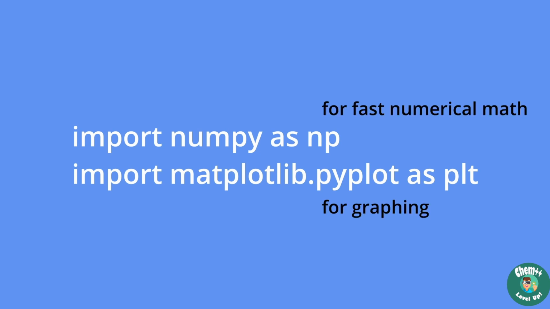Here, we are importing the entire NumPy library for fast numerical math and the pyplot submodule from Matplotlib for graphing. Instead of typing out matplotlib.pyplot every single time, we just type plt. Pro tip: only import what you need. Importing a massive library when you only need a single function wastes system memory and slows down your scientific simulations.